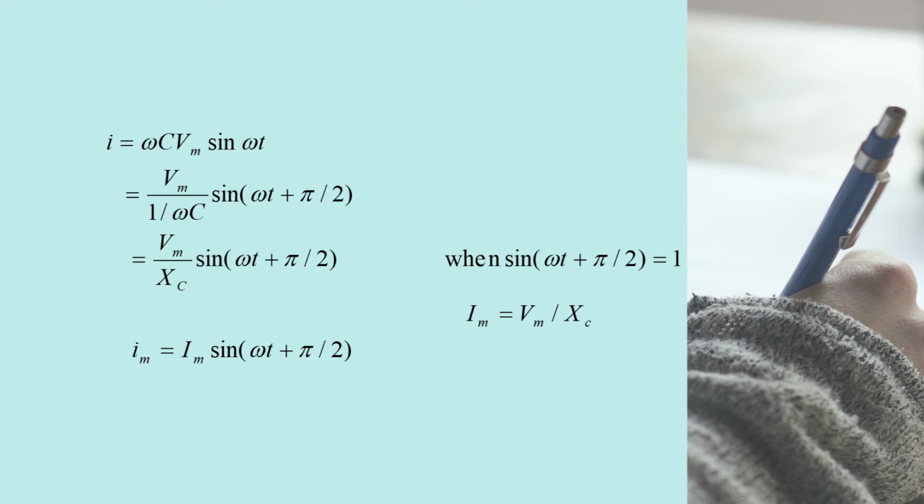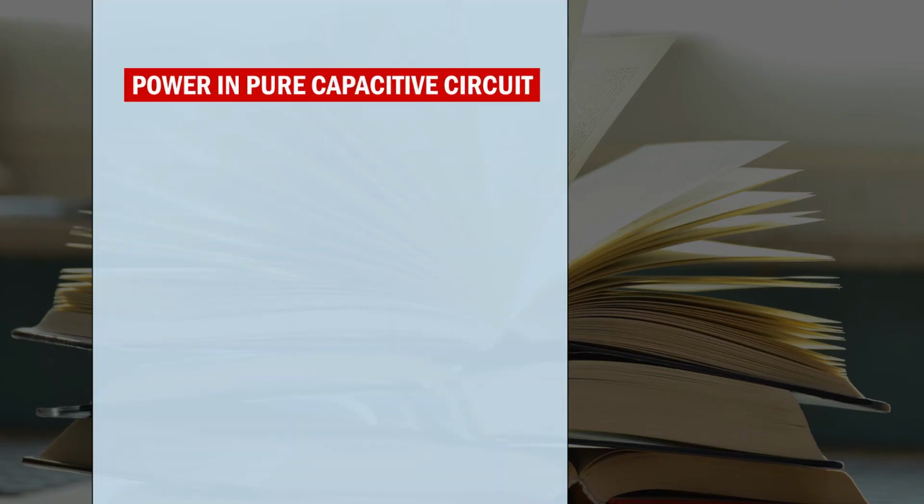So this expression for current i can be written as i equal to Im sin omega t plus pi by 2. So you can see that the current flowing through a pure capacitive circuit is leading with respect to the voltage by an angle of 90 degrees. Now we have to calculate the power in a pure capacitive circuit.